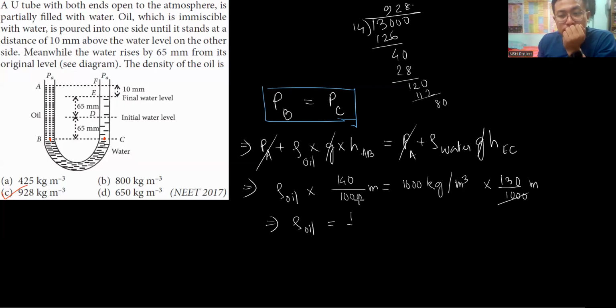So this is the mass, and 1000 into 130 divided by 140, which is equal to 928.